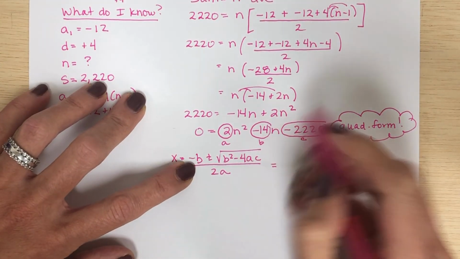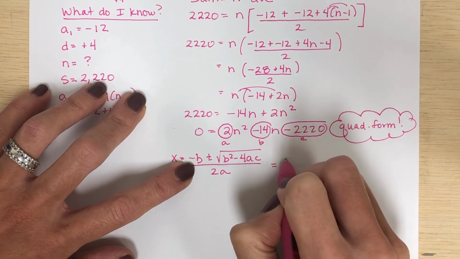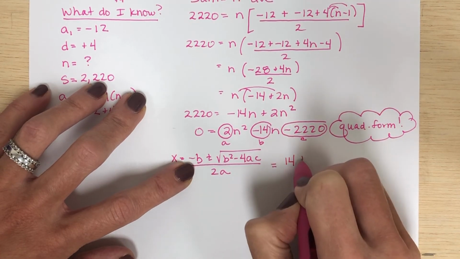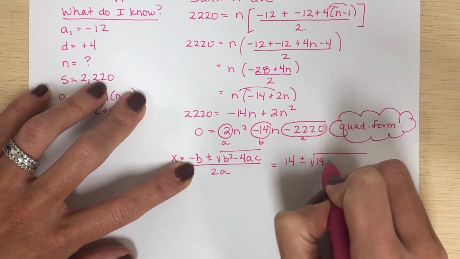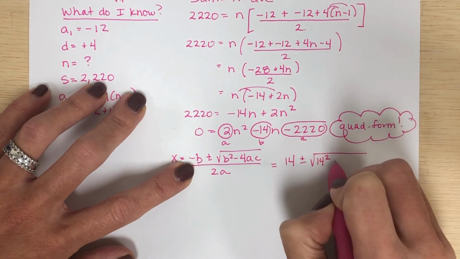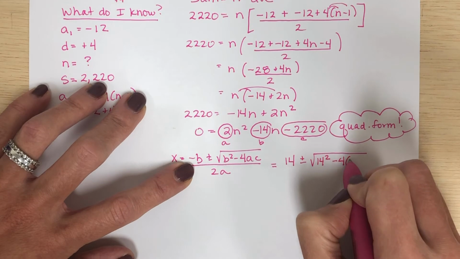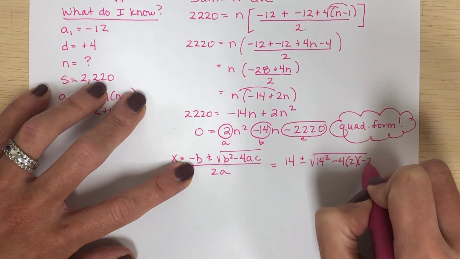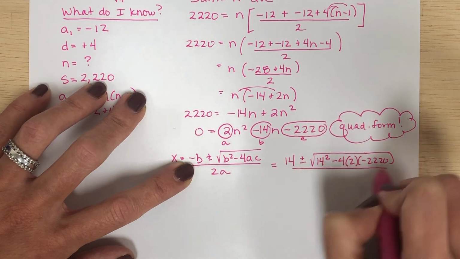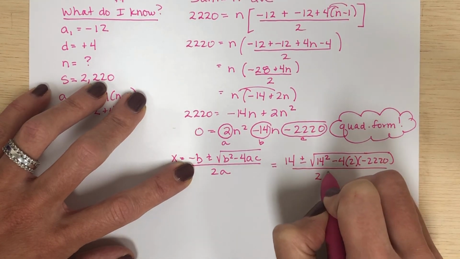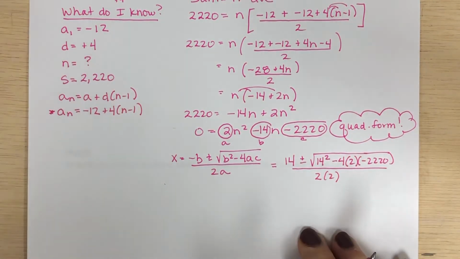x equals negative b, so the opposite of negative 14 is positive 14, plus or minus the square root of b squared, negative 14 squared is the same as 14 squared, minus 4ac, making sure we keep those negatives, all over 2 times a.